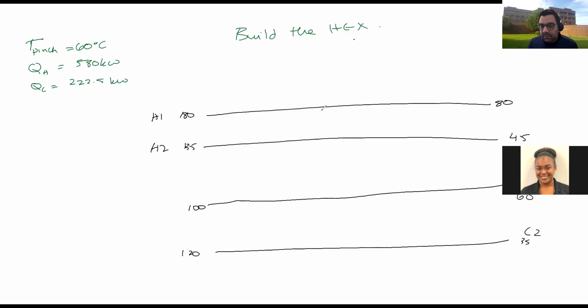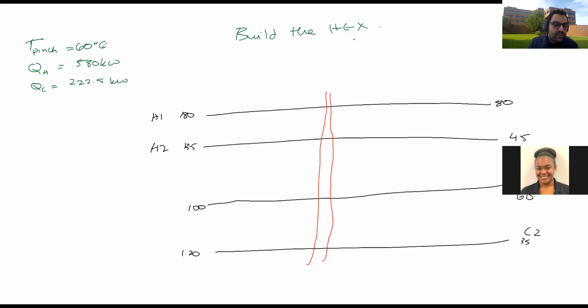And now I'm gonna draw 2 horizontal lines representing the pinch points, okay? When drawing it on paper, you can try to be a bit more organized. But anyways, this is my pinch point, and I need to now list the temperatures for the hot pinch and the cold pinch.